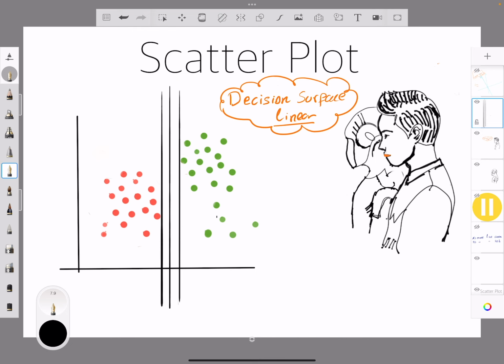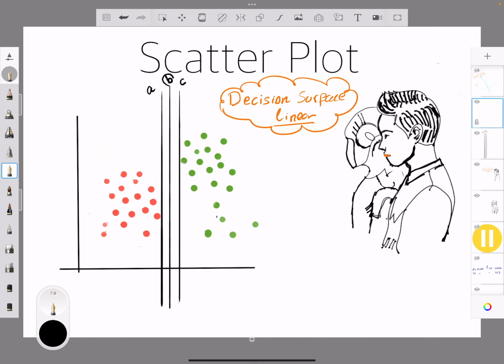I'm going to call them A, B, C. You're going to pause the video, and your job is to check the line that you think best separates the data. All right. Obviously, all 3 of them seem to separate the data, but one of them is the best.